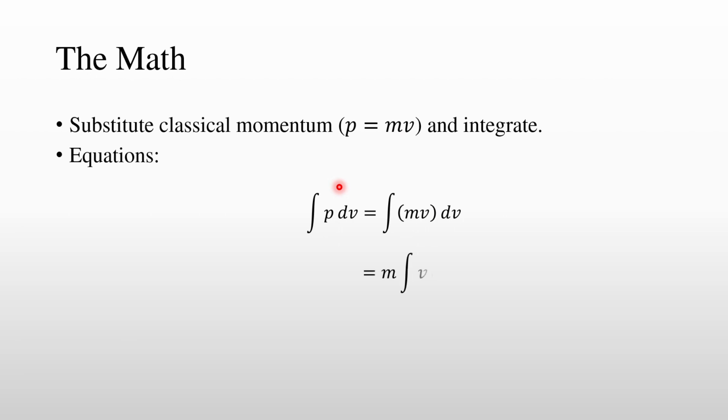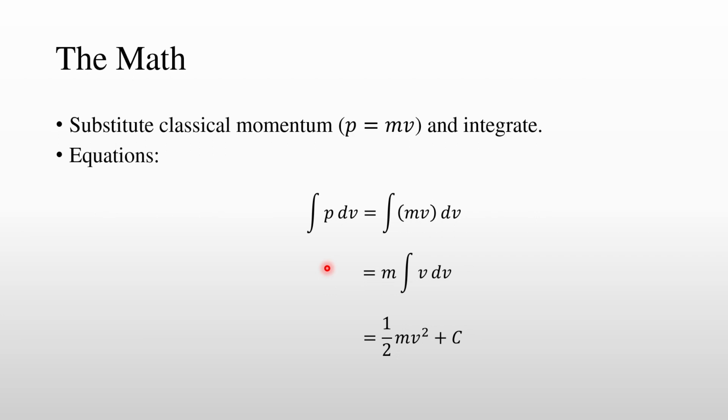Mass is just a constant, so we can pull it out of the integral and easily take the integration. We get 1/2 mv² + c, and this c is just a constant of integration, which must be evaluated eventually.